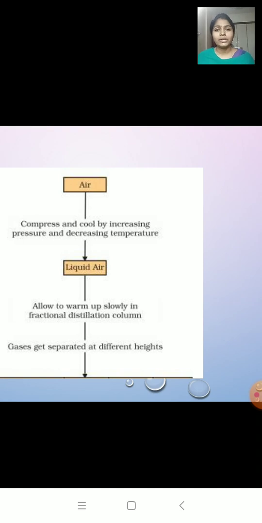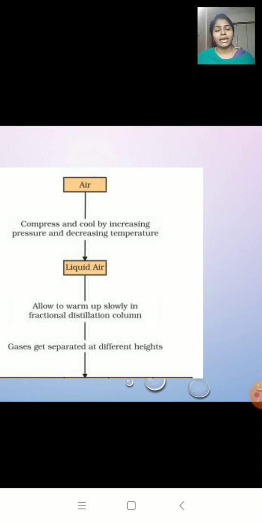The cooled and compressed air is then sent into the separator, which separates out carbon dioxide in the form of dry ice. Then the air is passed into the expansion jet, where it turns into liquid air.